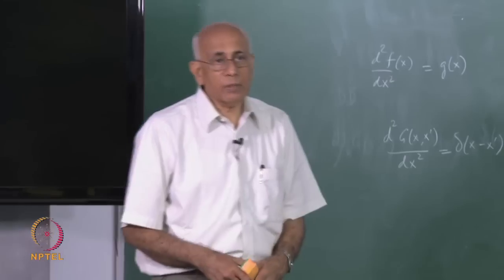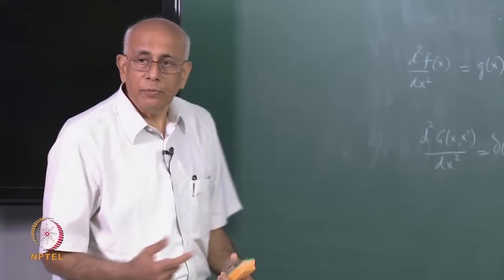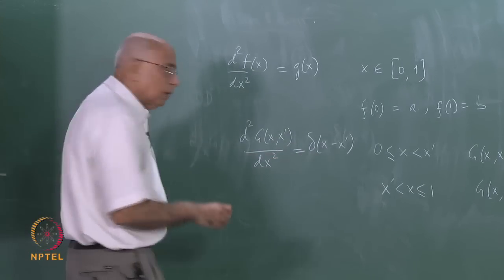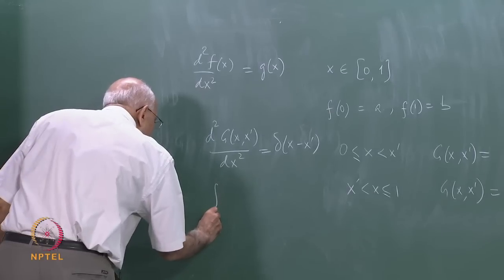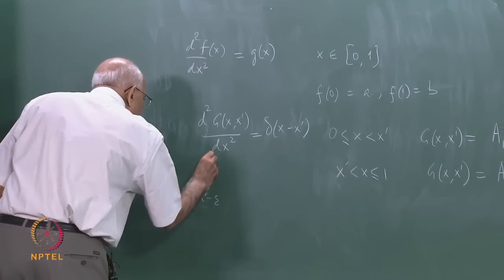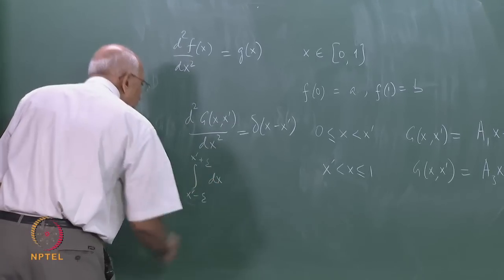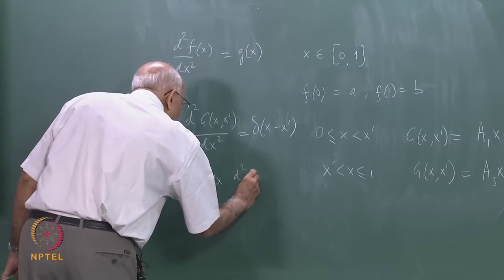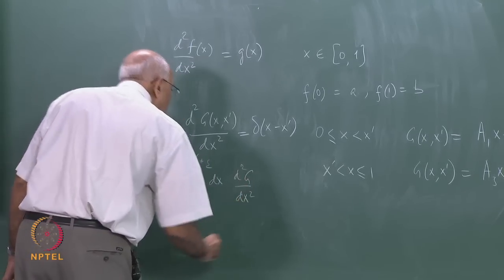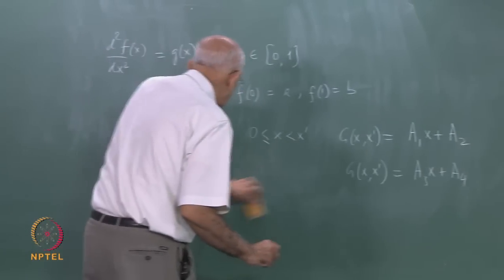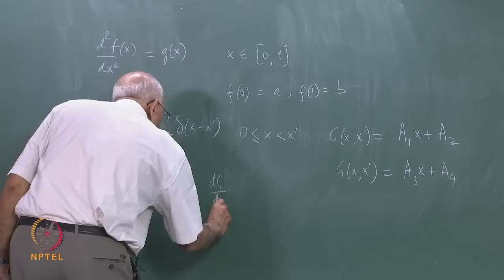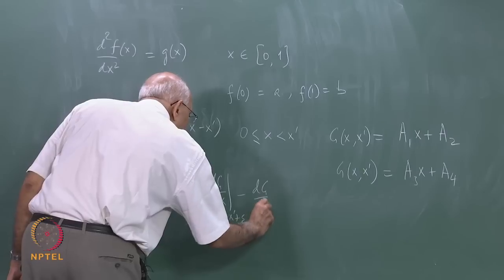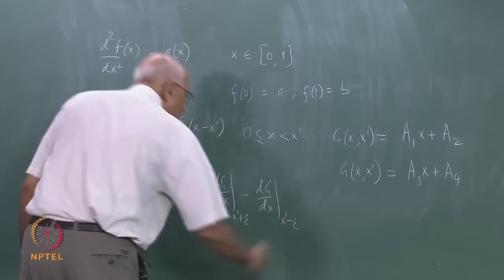It means the first derivative has a finite jump of some kind, right, because if you integrate this equation with respect to x, for a fixed x prime, say from x prime minus epsilon to x prime plus epsilon, you integrate dx and you integrate this guy here, then it says the integral of d2g over dx2 is equal to dg over dx at x prime plus epsilon minus dg over dx at x prime minus epsilon.